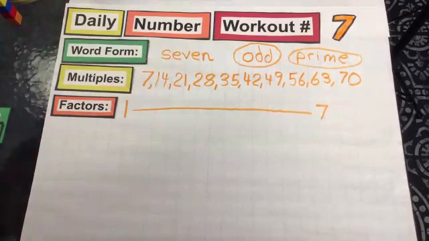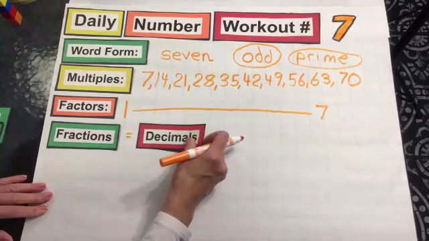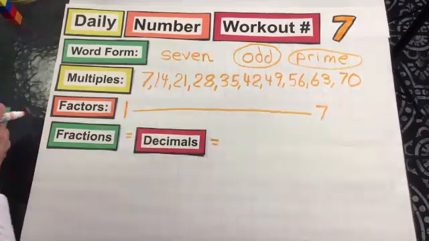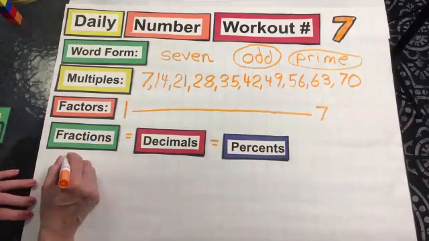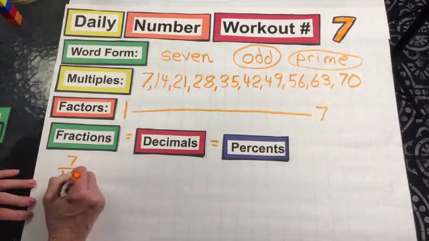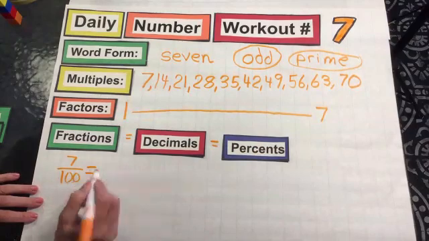So let's go with our fractions. Fraction equals decimal equals percent. All right, so our fraction today is 7 out of 10. And 7 does not go into 100, so we're just going to leave it at that.